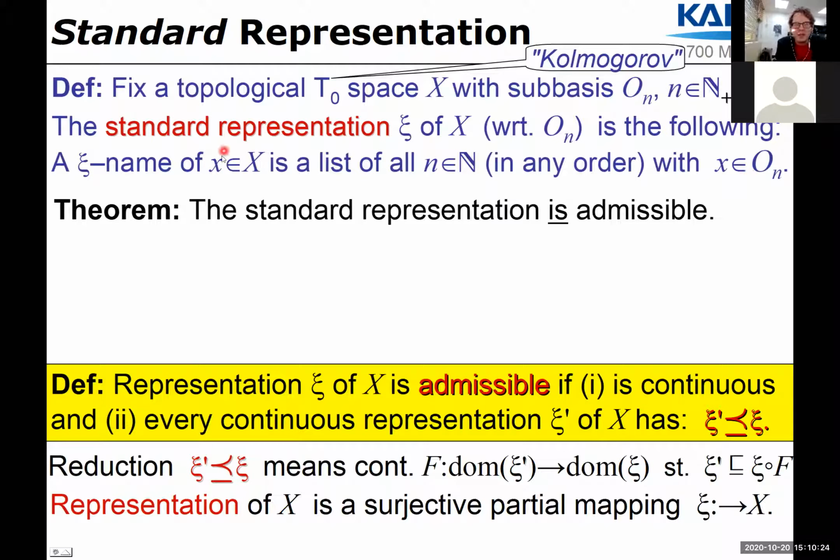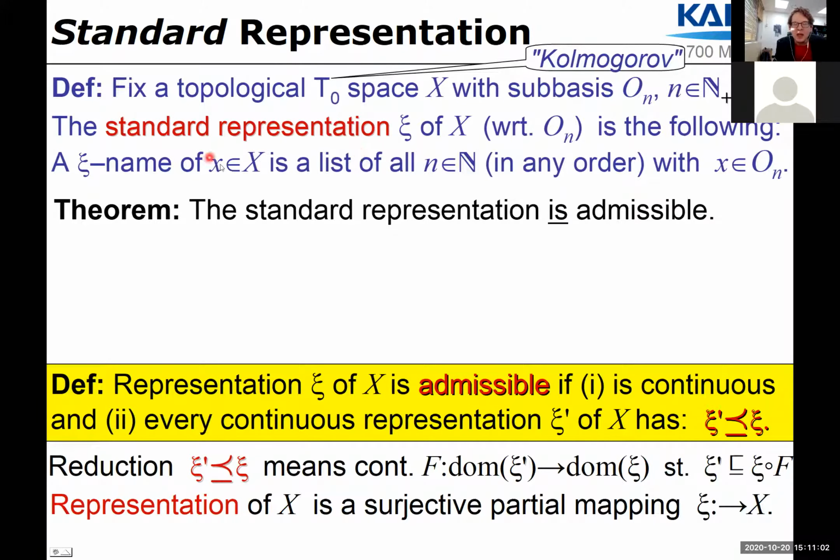Then if we have a different element X prime, by the separation property there exists an element in the subbase, some O_n, which contains the first point but does not contain the other one, right? That's the very definition of the Kolmogorov T0 property for the topology. But that extends and holds also for any basis of a T0 space, and furthermore it extends to the subbase we're considering.